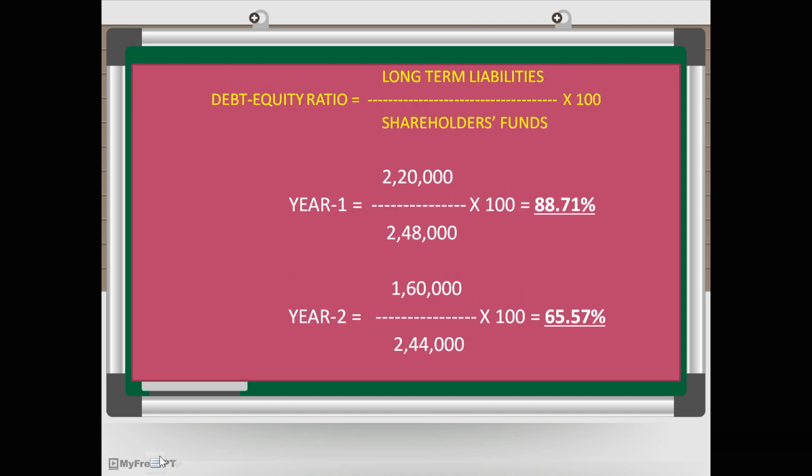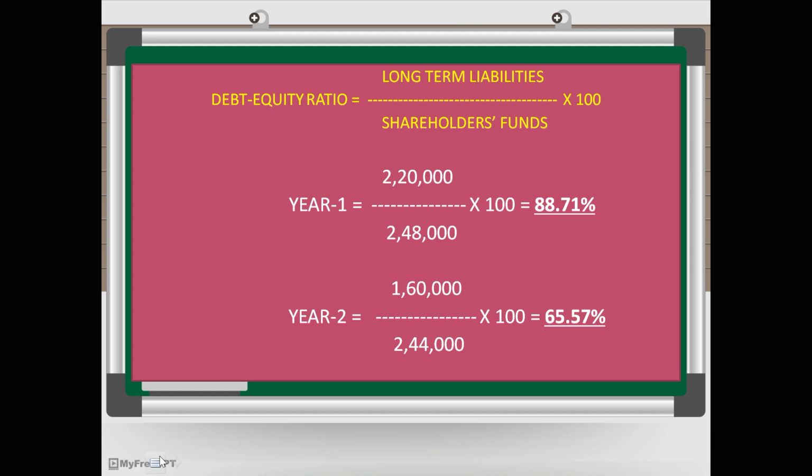That means let us put the formula. Debt equity ratio is equal to long term liabilities upon shareholders funds into 100, and year wise ratio calculation is given below.